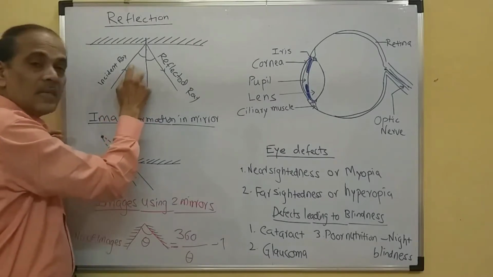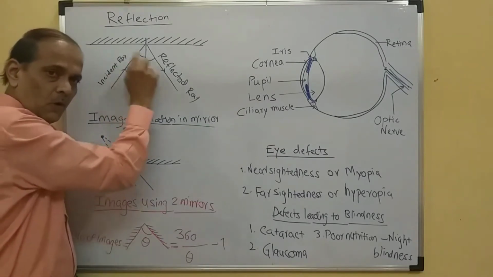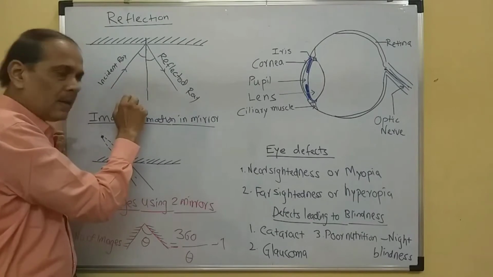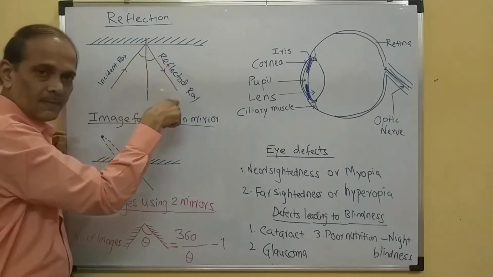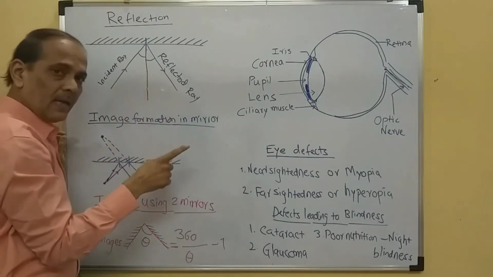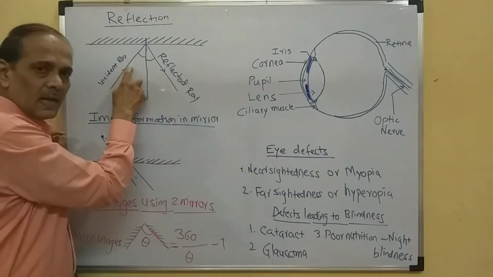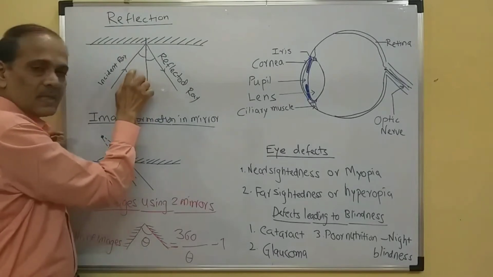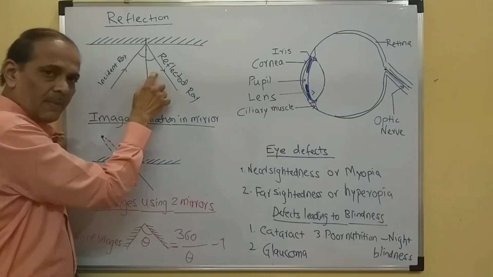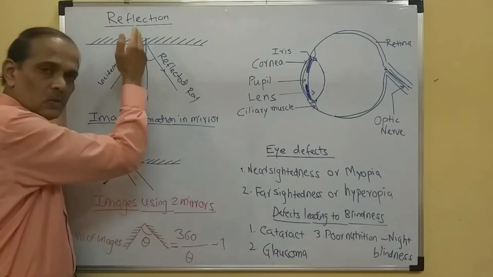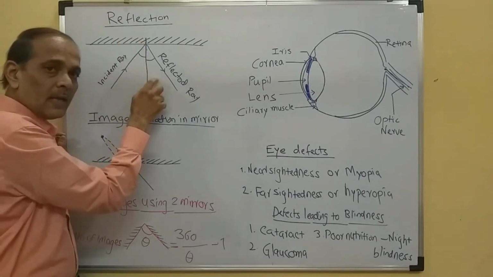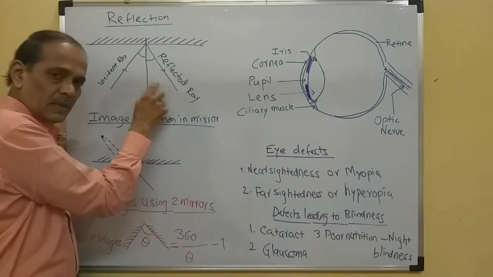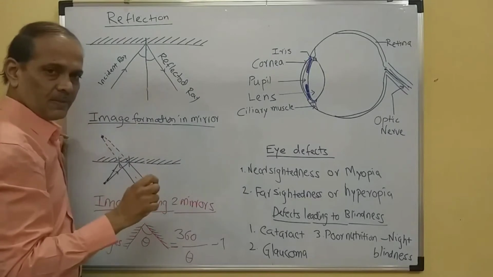So the ray that falls on the mirror is called the incident ray, it bounces here and reflects. So it's an incident ray, and it is a reflected ray. And the angle made by this incident ray to the normal is the same as the angle made by the reflected ray to this normal. So angle I is equal to angle R. I is for incidence, R is for reflection. This is the first law of reflection.